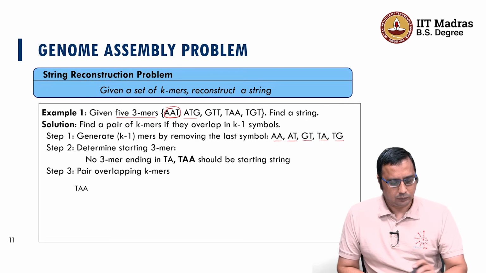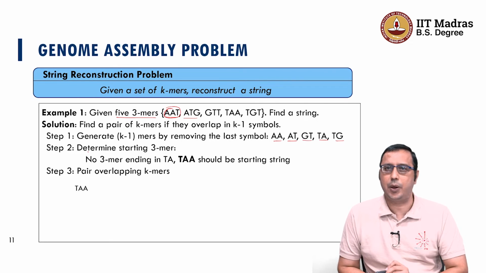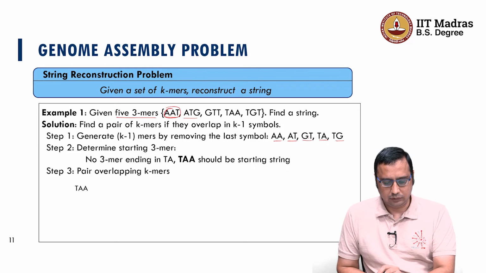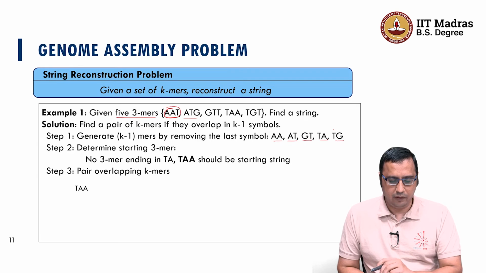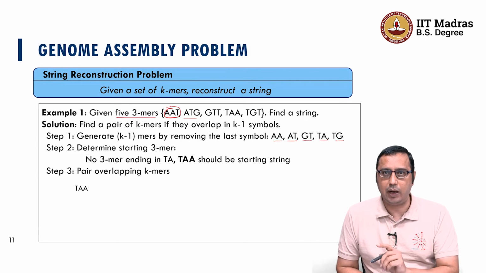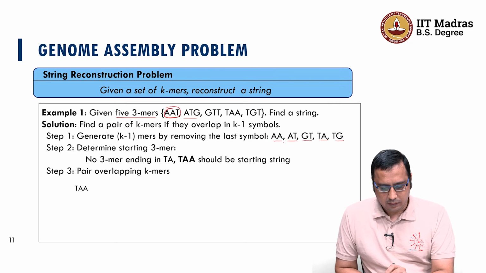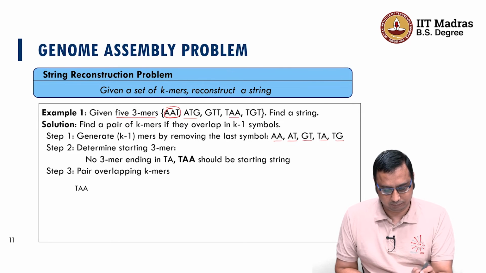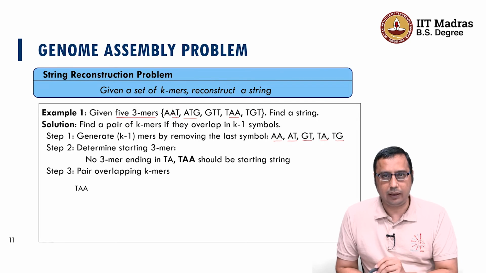Now we have to determine where to start a sequence. The next clue for us is we have to find any of these k minus 1 mers which are not overlapping or ending with any k-mer here, because they are overlapping. Here if you look at, AA is overlapping with TA, AT is overlapping with AT.